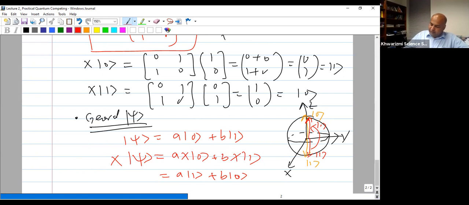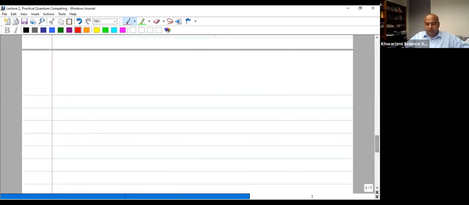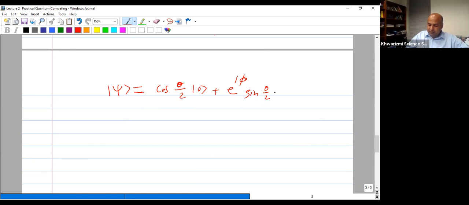To visualize it on the Bloch sphere, let me start with the normalized state psi that we discussed yesterday. In general we can write the normalized state psi as cos theta by 2 into 0 plus e to the power iota phi sine theta by 2 into 1, where theta is the angle with the z-axis and phi is the angle of the projection in the xy plane with the x-axis.